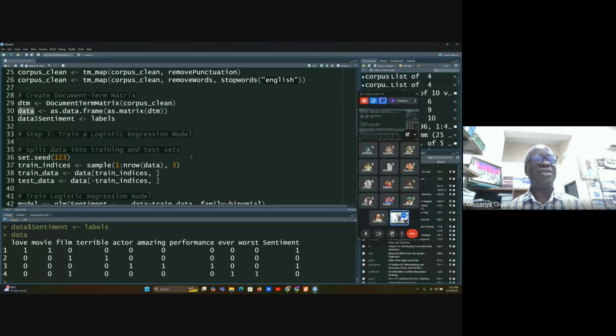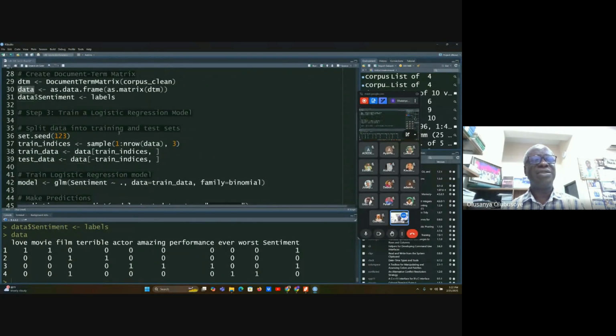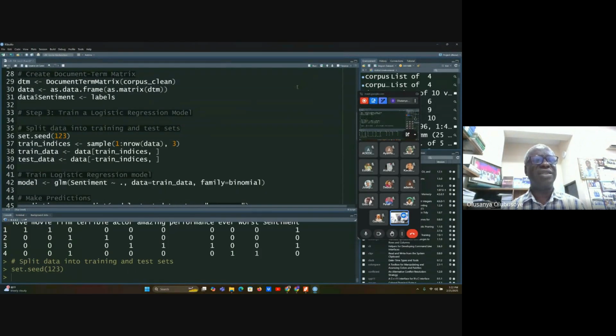Which means the data has been converted to a data frame, which can now be analyzed. To analyze using a logistic regression model, we split the data into training data and test data. We will set the seed 1, 2, 3 for reproducibility. So we run that.